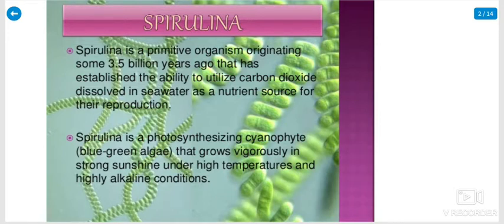Spirulina is a photosynthesizing cyanophyte, blue-green algae (BGA), that grows vigorously in strong sunshine under high temperatures and highly alkaline conditions.